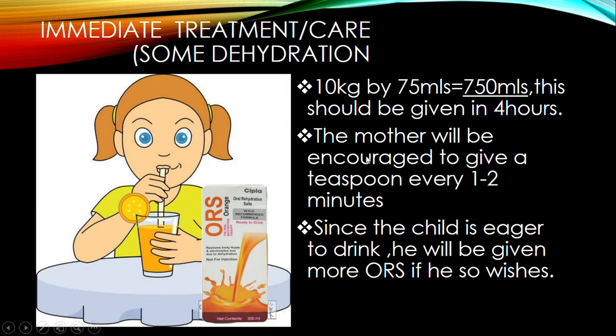Then the mother will be encouraged to give a teaspoon of ORS every 1 to 2 minutes. And since the child is eager to drink, he will be given more ORS as he wishes. As you can see from this picture, this child is very much eager to drink ORS. So this child is eagerly drinking, and can be given as much ORS as they want.